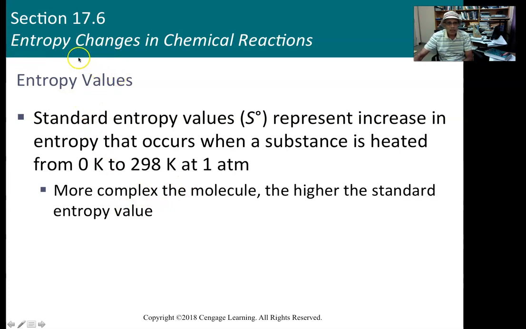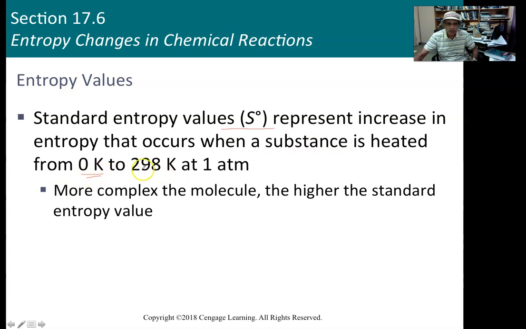Now let's look at chemical reactions, and how we use entropy values in chemical reactions. The standard entropy values are tabulated in the book. You will see these S naught values given in the textbook or in the literature, measured relative to the perfect crystal. They represent the increase in entropy that occurs when a substance is heated from 0 to 298 Kelvin.